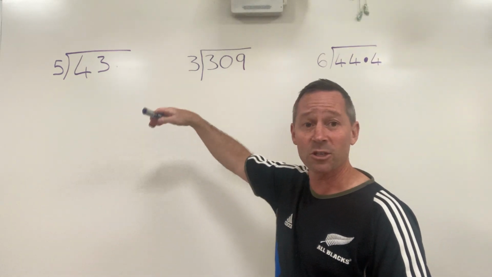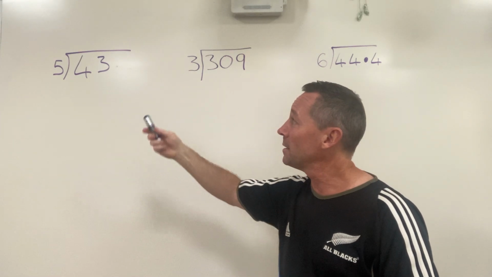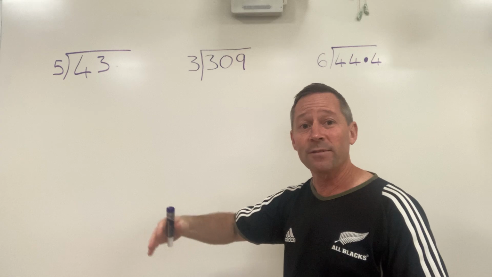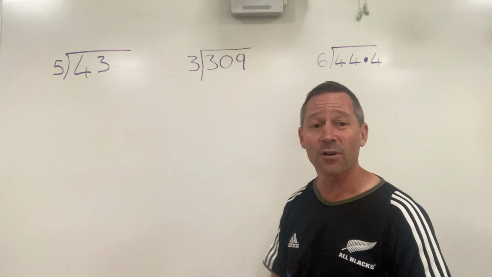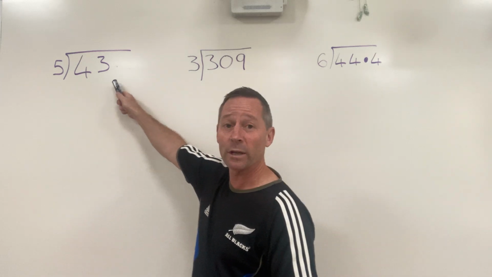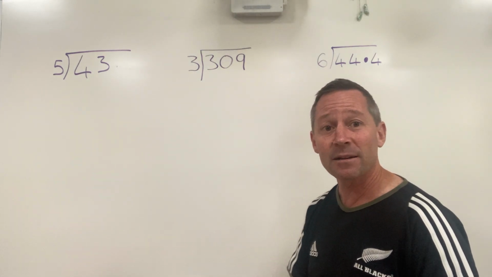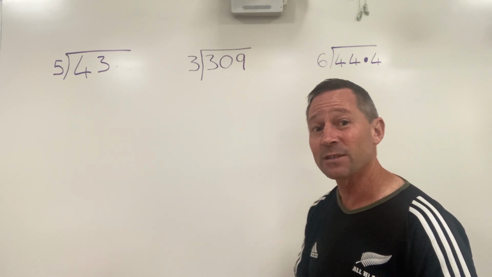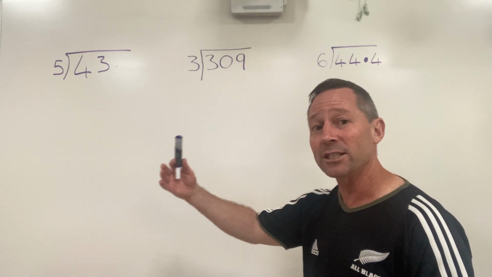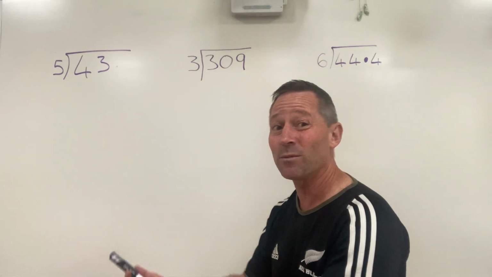It's too big, so 10 is not going to be the answer. It's going to be smaller than 10. 5 times 5 is 25, it's too low. 5 times 8 is 40, it's under 43, so that's a pretty good rough estimate. And 5 times 9 is 45, so 9's too big. We know it's going to be 8, but 8 point what?